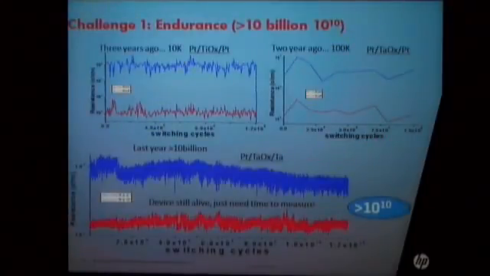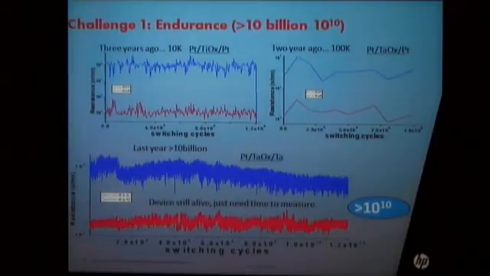First, the challenge of endurance. About 3 years ago, we used a titanium-platinum material system, and normally we got 10,000 switching cycles from the device. Then we replaced the titanium oxide with tantalum oxide.